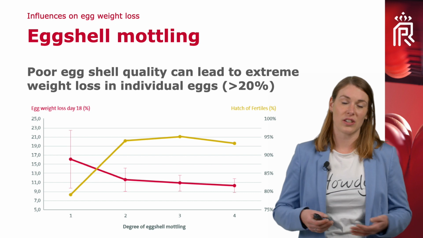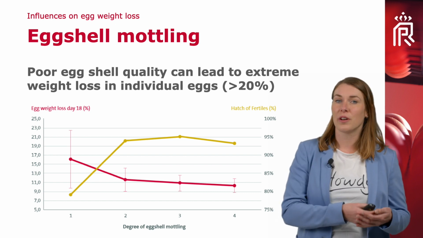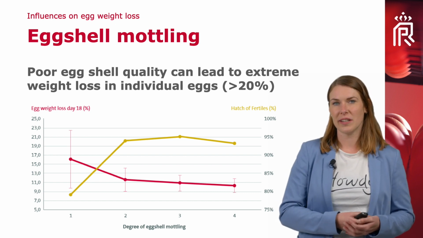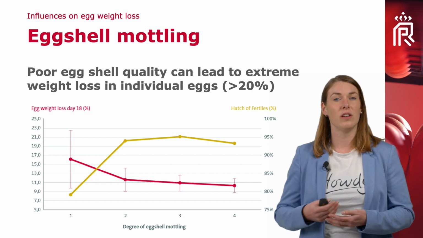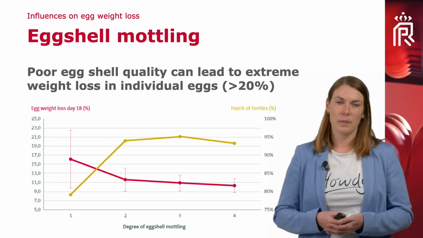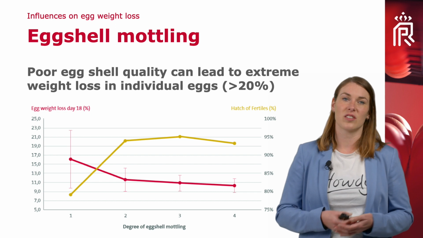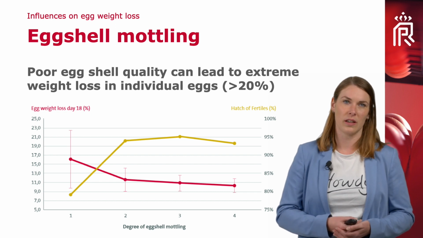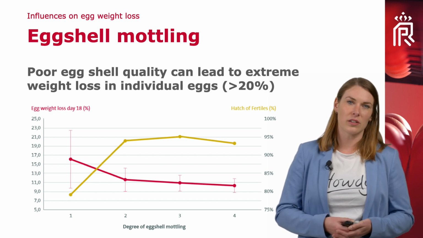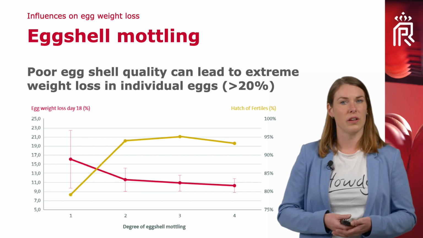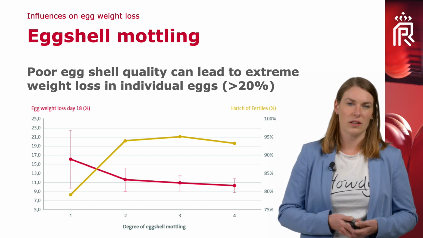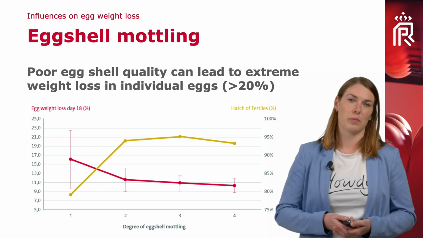Now for the degree of eggshell mottling, number 1 was the highest eggshell mottling, and number 4 is the lowest. If we take a closer look at this high amount of eggshell mottling, we see that the weight loss is way bigger than that we see in the others. We also see that the hatch of fertile drops.